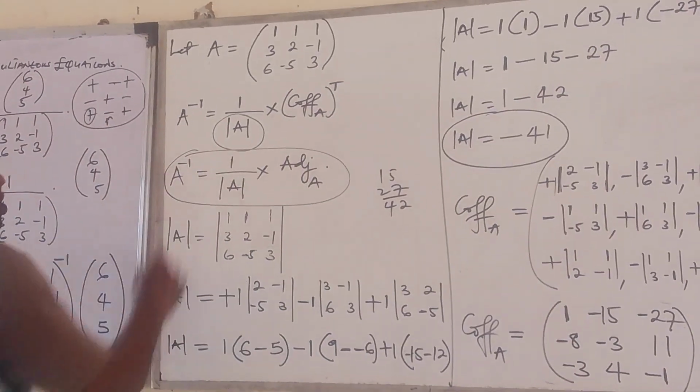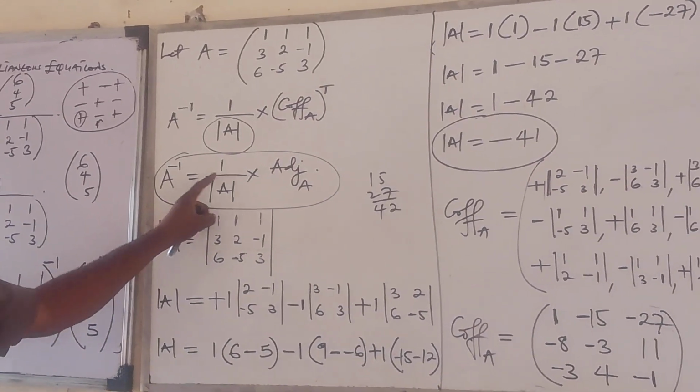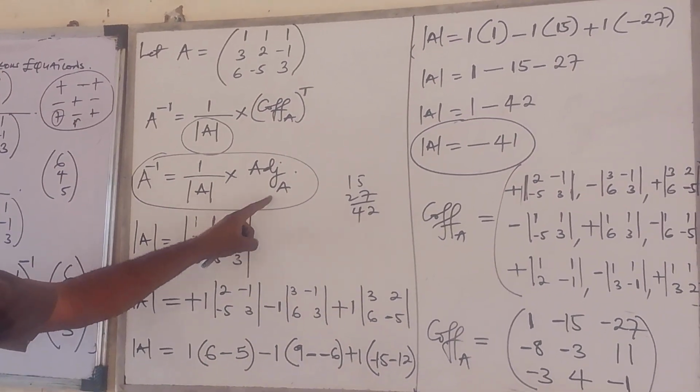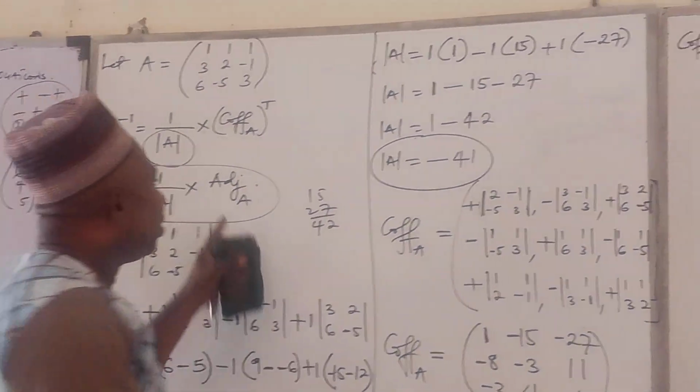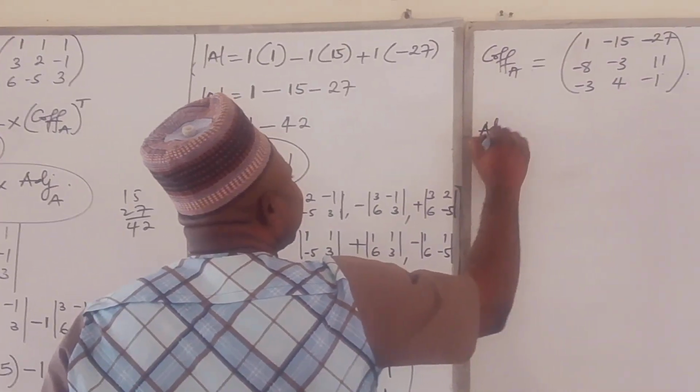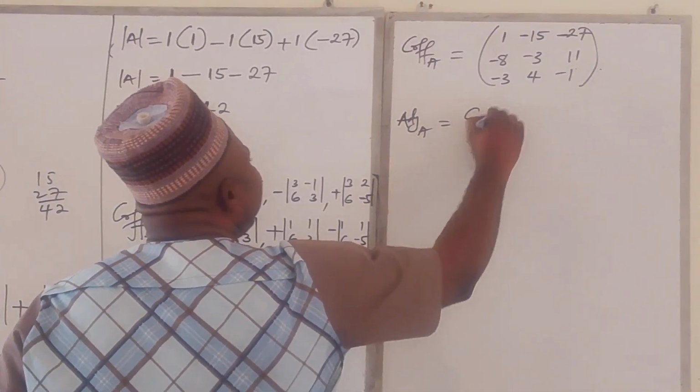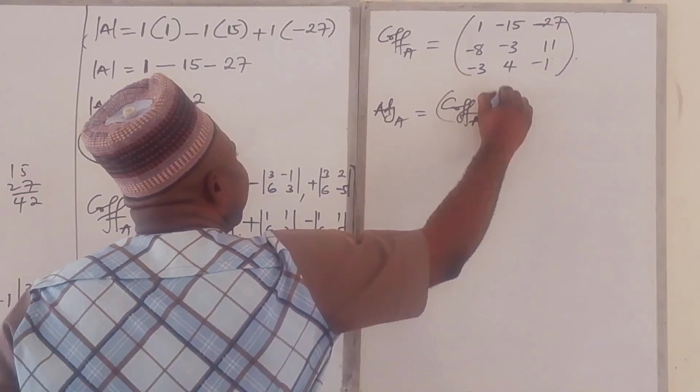We said the inverse of a matrix is 1 all over the determinant times the adjoint of the same matrix. So to get the adjoint, the adjoint of matrix A is the cofactor of matrix A all transpose.